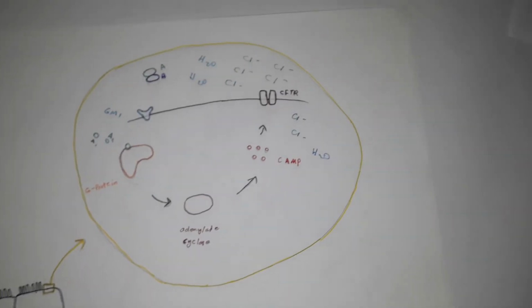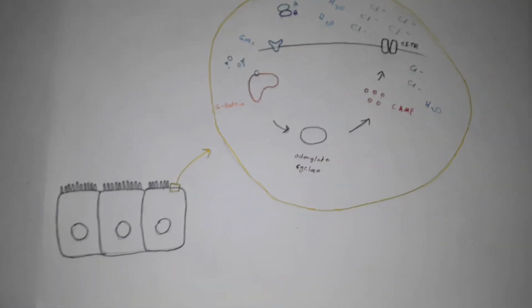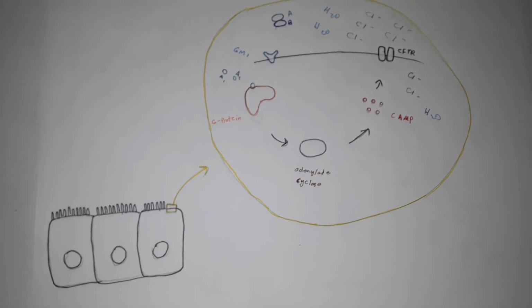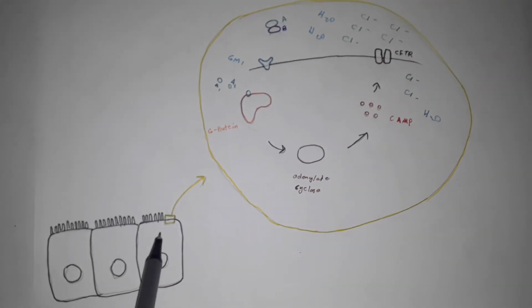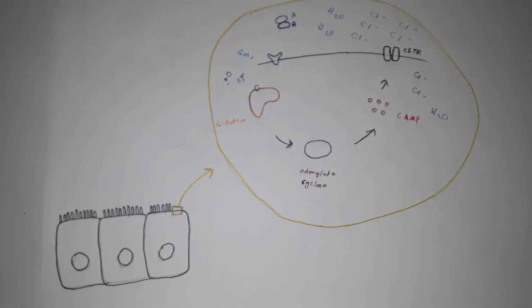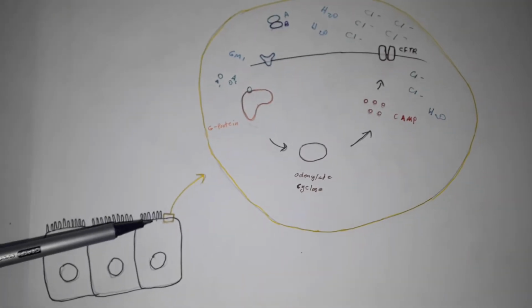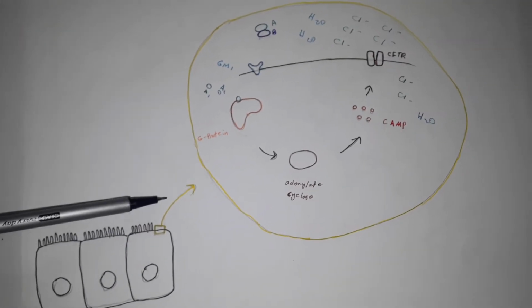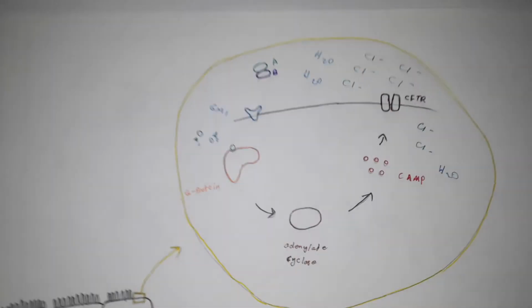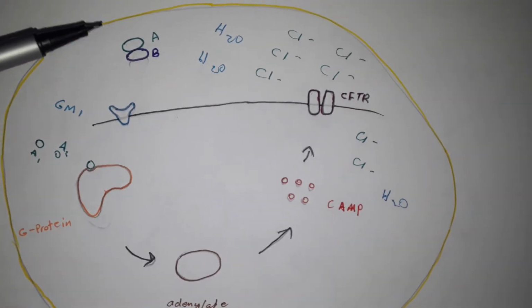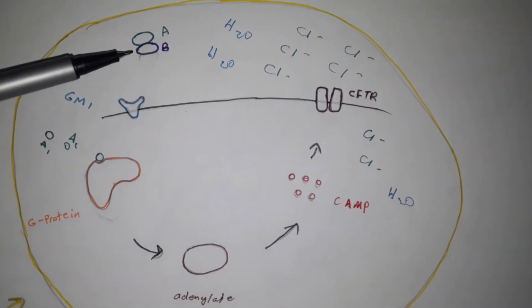Now, as I mentioned before, Vibrio cholerae releases its toxin in the intestine. On the membrane of the epithelial cells of the intestine, it produces its toxins outside of the cells. And this toxin is usually composed of two subunits, the A subunit and the B subunit.